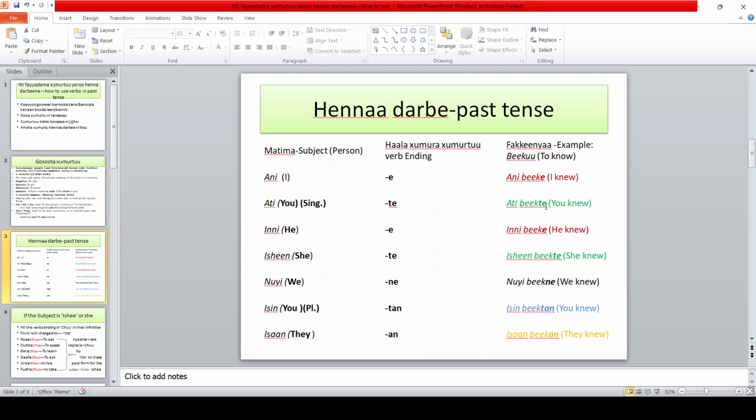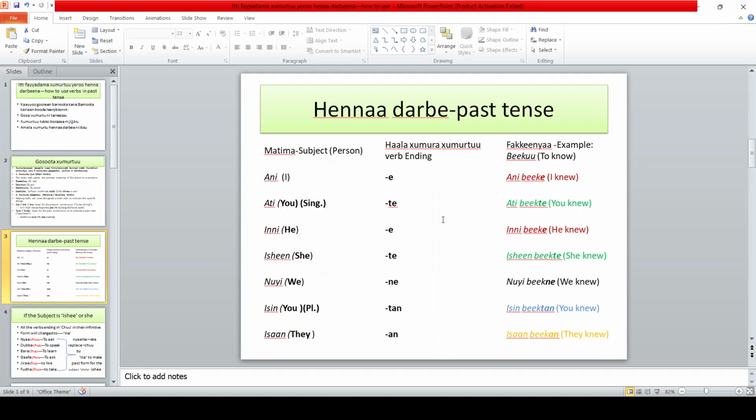Ati beekte, you knew. So it ends with te. Isheen beekte. So both of them end with te. Nuyi beekne, we knew. Isin beektan. Isaan beekan.